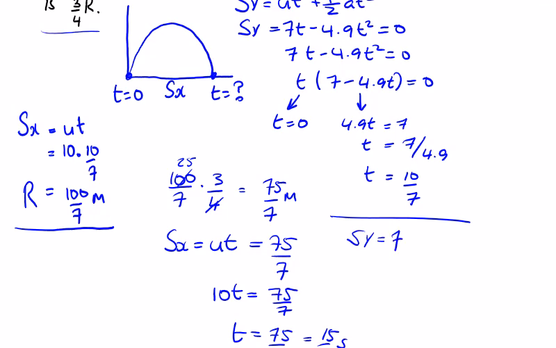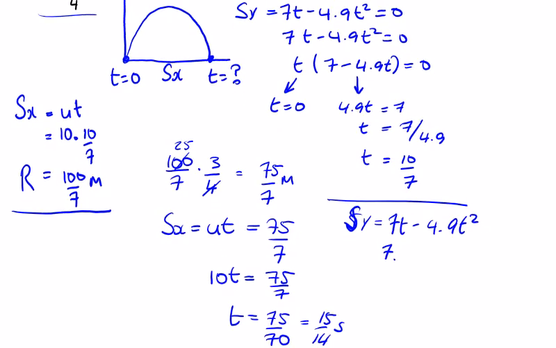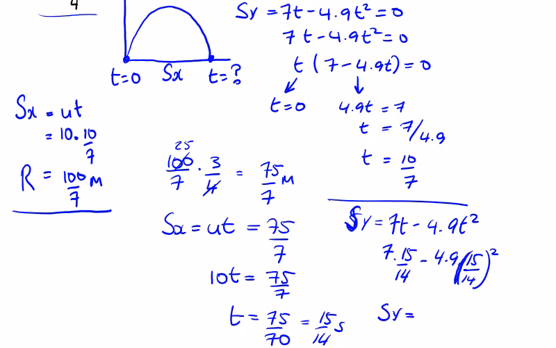So s in y is 7t minus 4.9t squared, which is 7 by 15 over 14 minus 4.9 by 15 over 14 squared. And if we type this into a calculator, we're going to get s in y, the height above the ground, to be 1.875 meters.